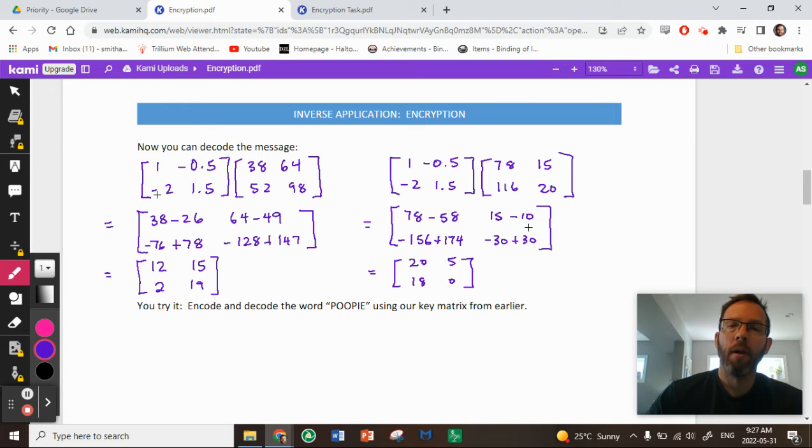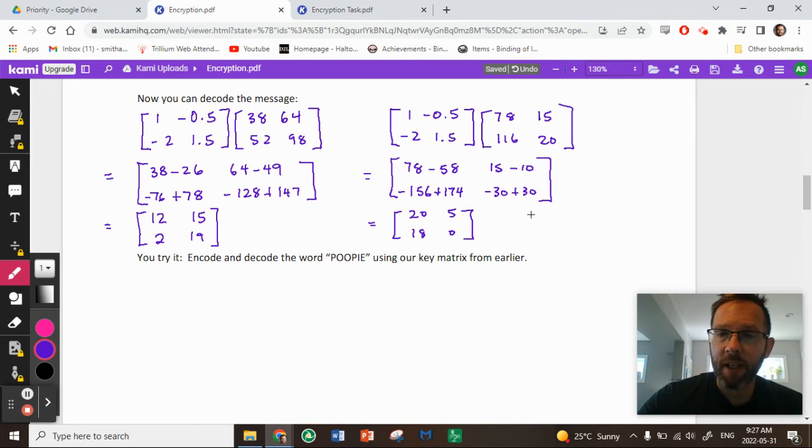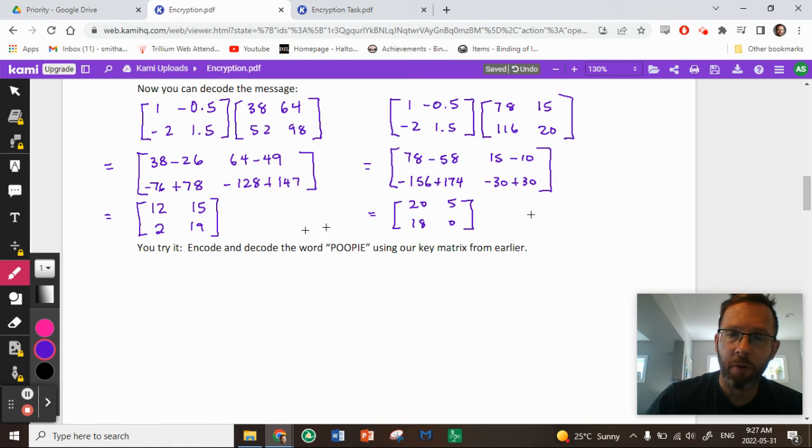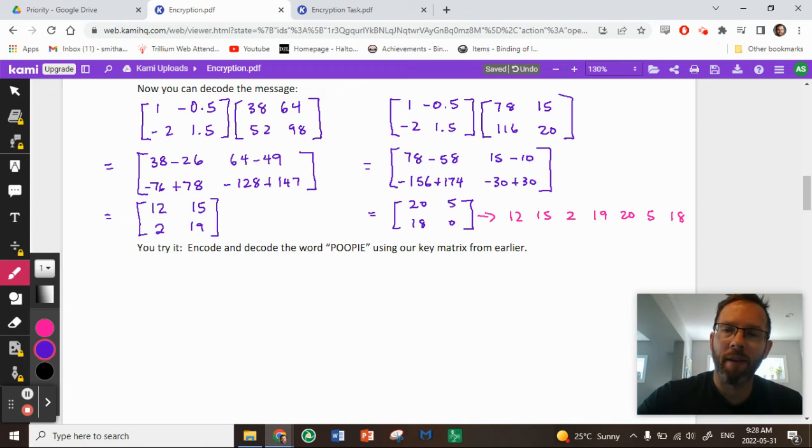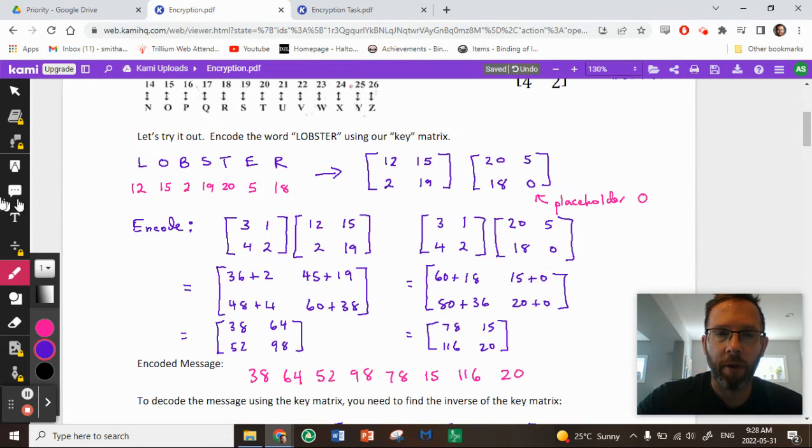And so our decoded message, if we combine these two things together, would be 12, 15, 2, 19. Right, more compact. 12, 15, 2, 19, 20, 5, 18, and of course 0 is just a placeholder, which corresponds exactly to our encoded message from earlier.